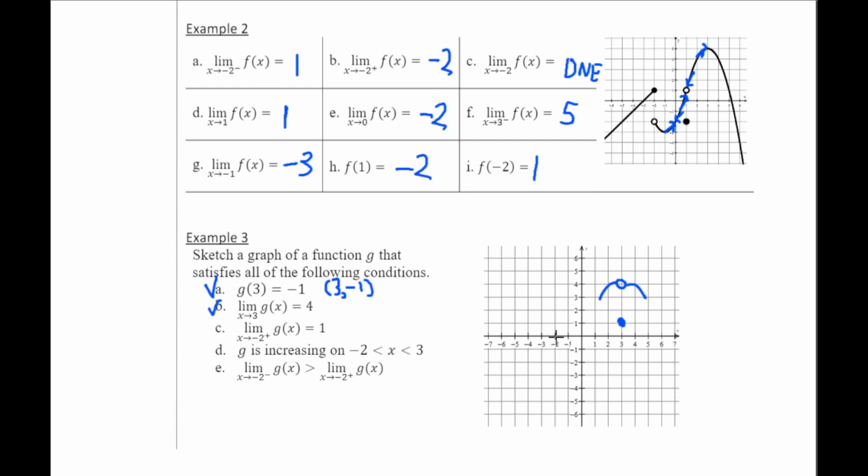Again, I don't know if it's an open or a closed hole. There are many different options, but I'm going to just keep it like this. As x approaches -2 from the right, we're approaching 1. Cool. G is increasing for x values between -2 and 3. So from -2 to 3, this graph should always be increasing. So we can just connect these right here.